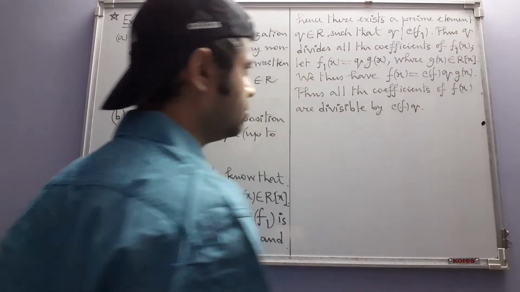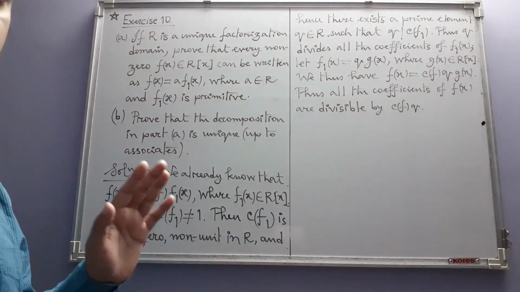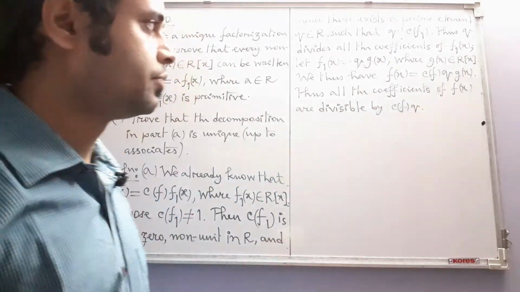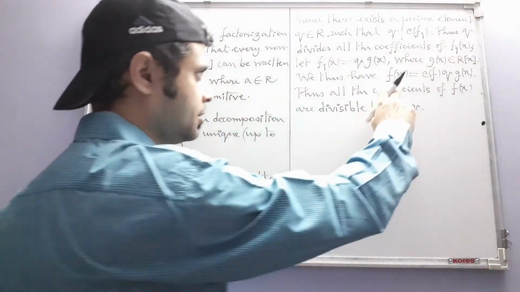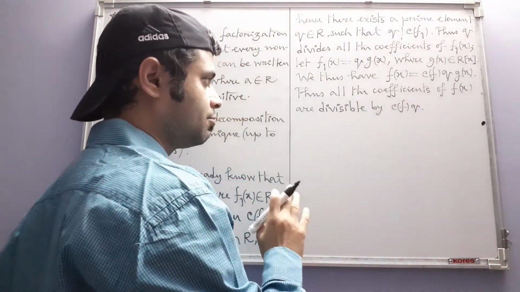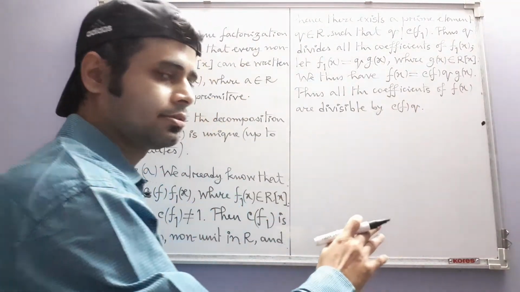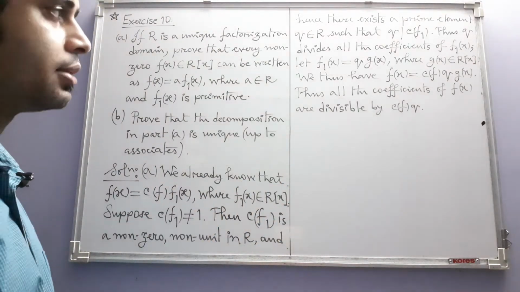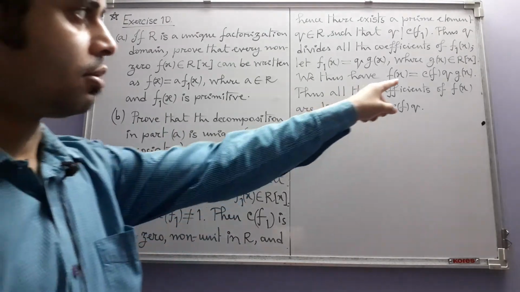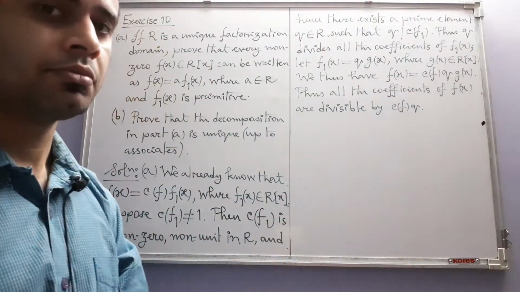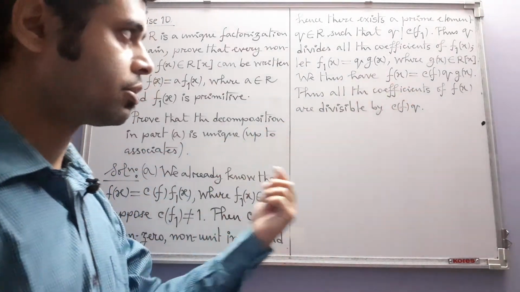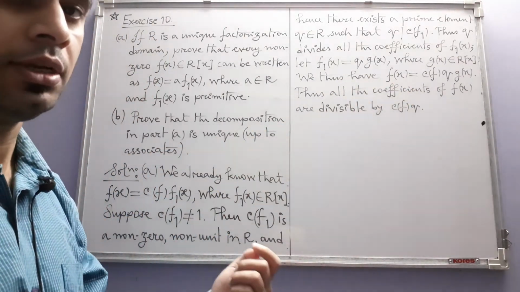If you are having difficulty believing that this is true, you just think of it like this: f(x) being a polynomial over R has terms which have powers of x multiplied by some ring elements from R. On the right side also you will have one such polynomial. This equality tells us that the corresponding coefficients should be equal.